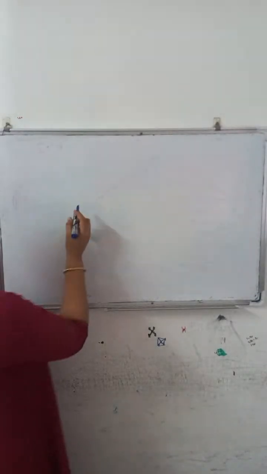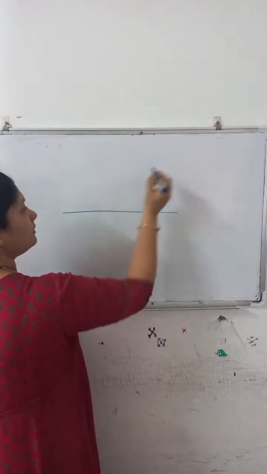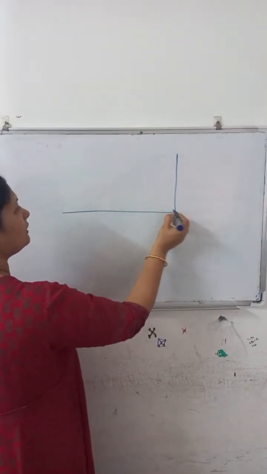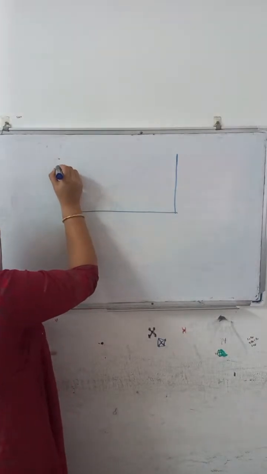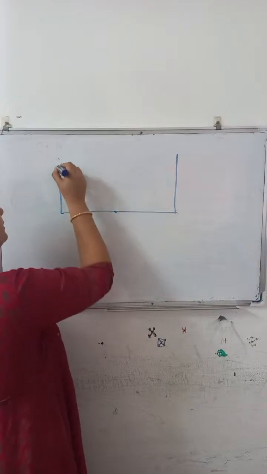So here this is the ground, one tower is here, another tower is somewhere here, and suppose this is the midpoint.